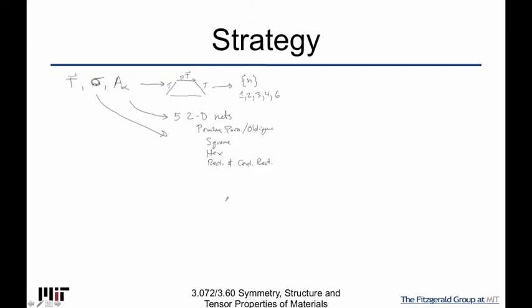Then we said, okay, we'll take our rotational point groups that are compatible with the lattice and the lattices that are compatible with those rotations. And we said, okay, let's put them together. Oh, and we added one more thing.